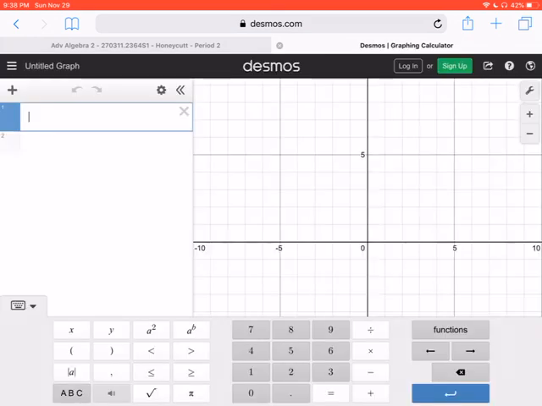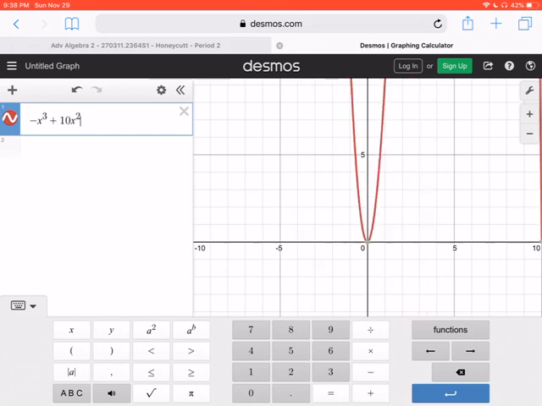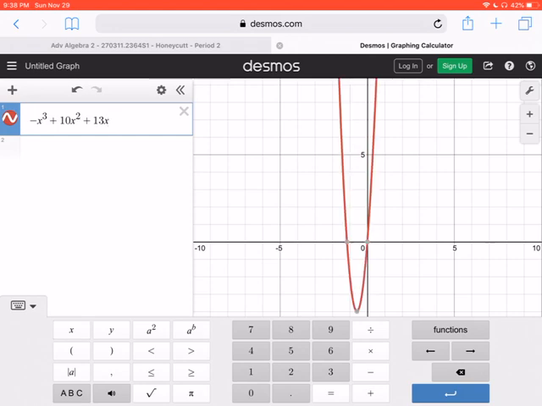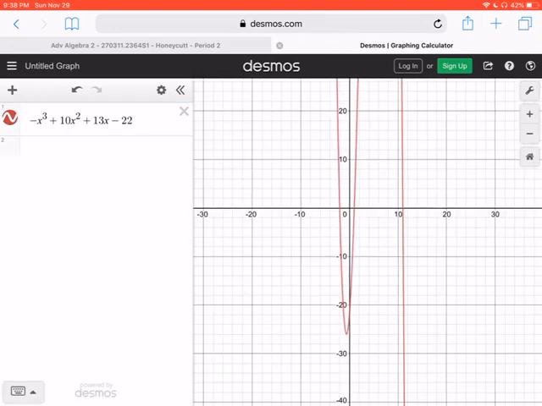All right, and I'm going to type in that Q of x function, negative x to the third plus 10x squared plus 13x minus 22. Okay, and then I'm going to zoom out.